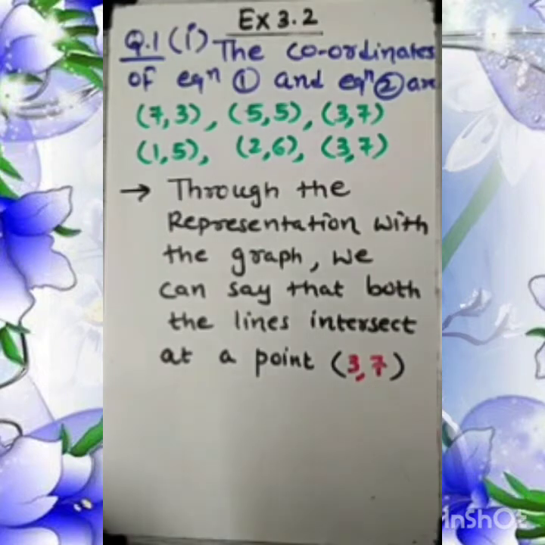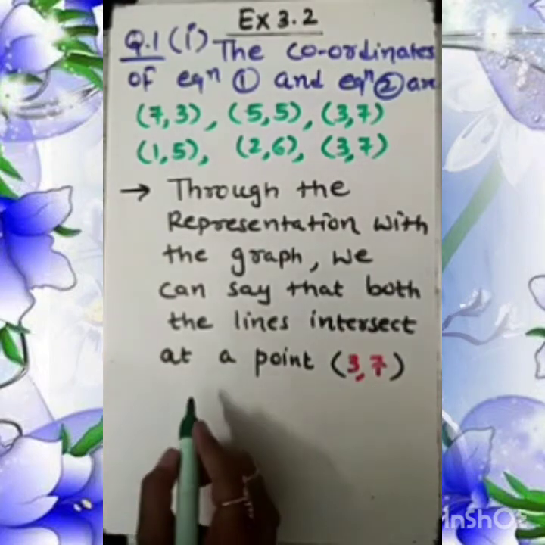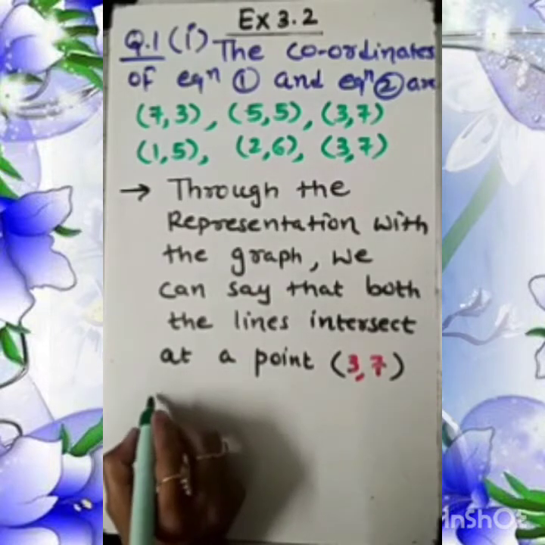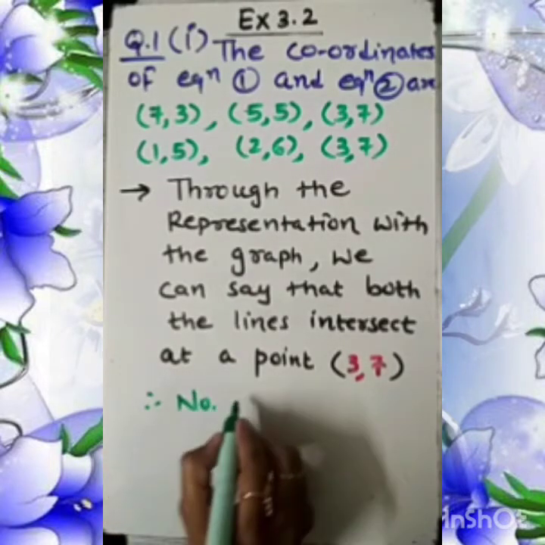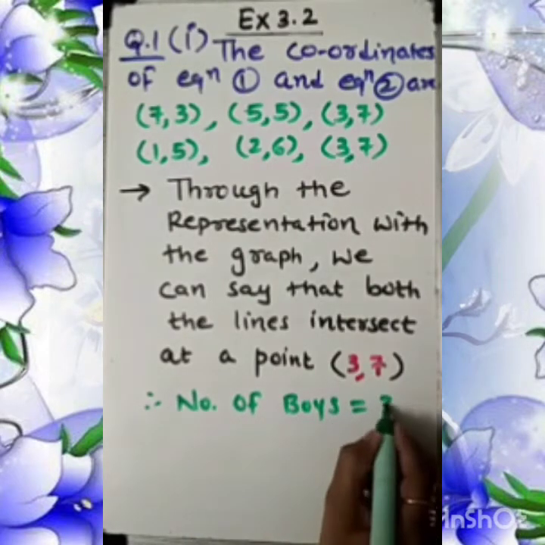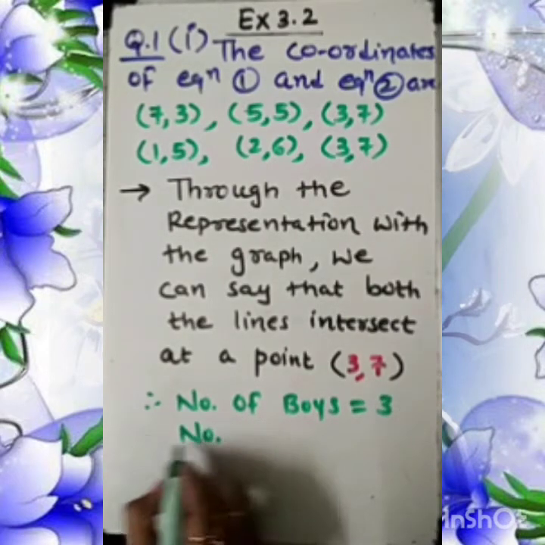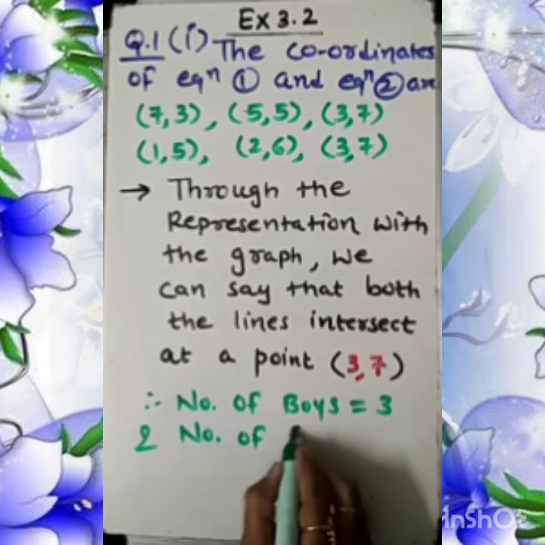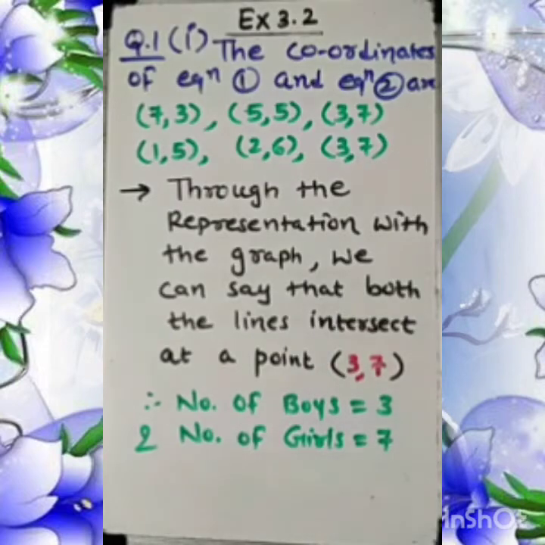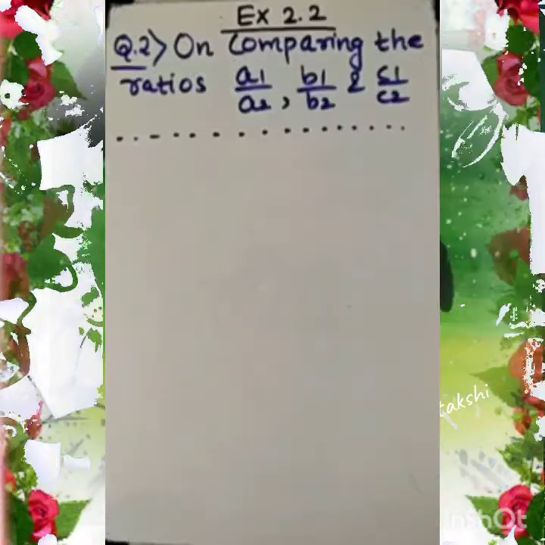So we can say that the number of boys is 3, and the number of girls is equal to 7. This is the complete solution of question number 1, the first part. Question number 2.